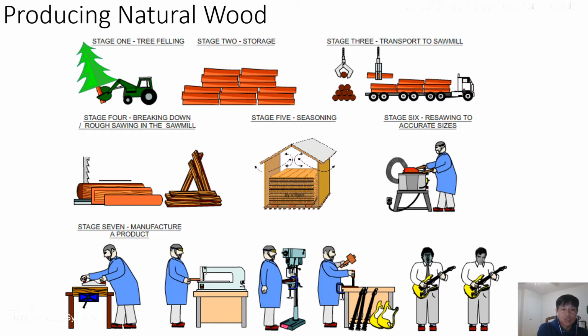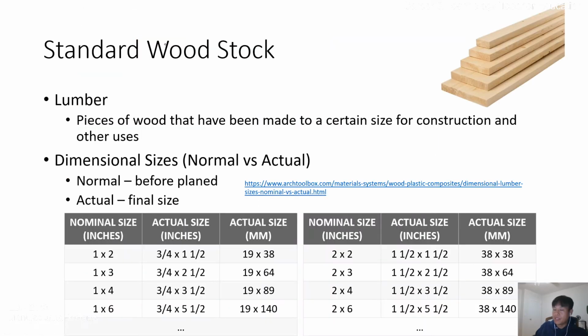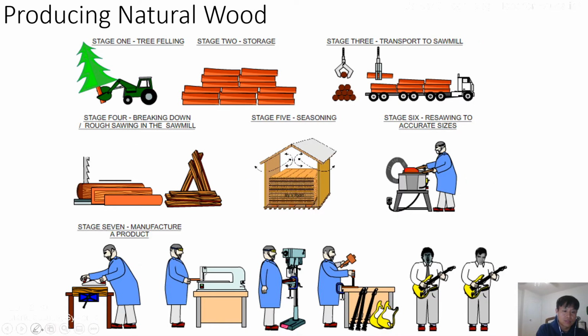As you saw in the video, the first step is tree felling, which means cutting trees using tools and machines. Second is stacking and storing the wood. Next is sending the lumber to the sawmill.